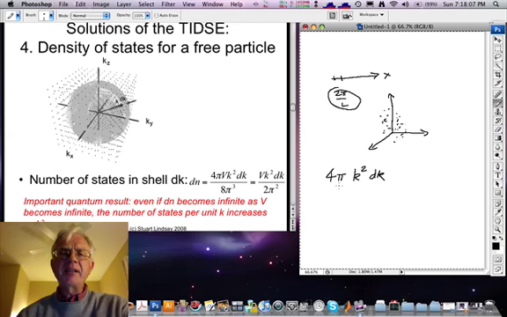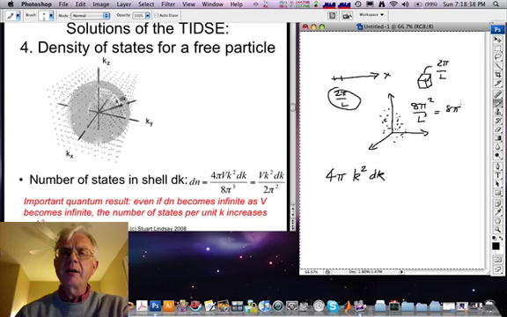And the number of states in that will be given by the volume of any one state. Well, the volume of any one state is simply a little cube of sides 2 pi over L. And so the volume of the cube in k space, and this is where we're working, is simply the sides of the cube multiplied together, or 8 pi cubed over L cubed, which is 8 pi cubed over the volume that we're considering.